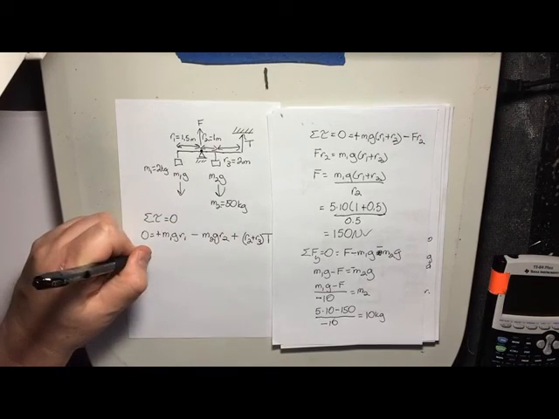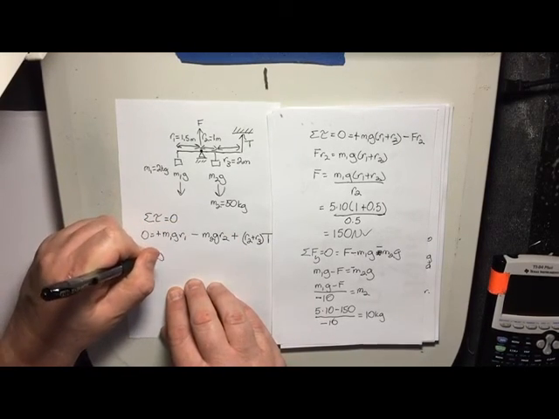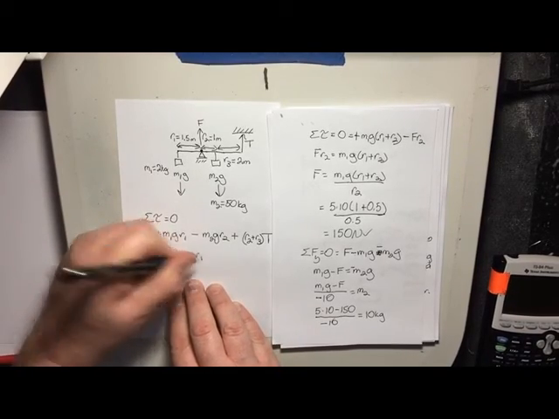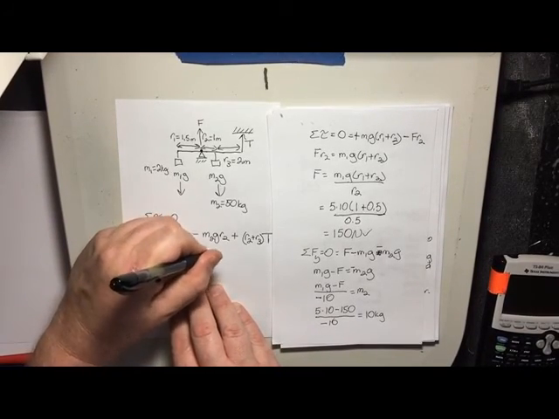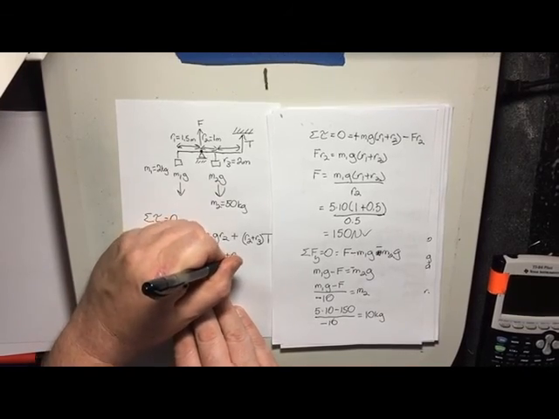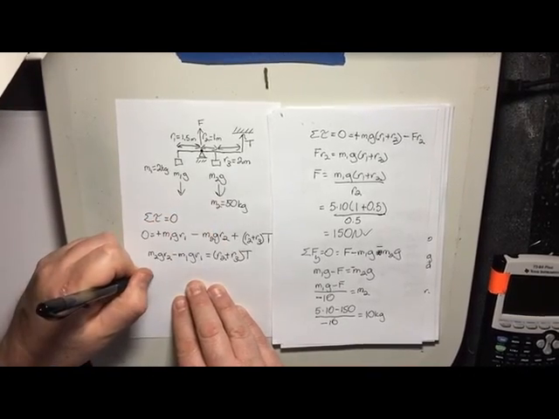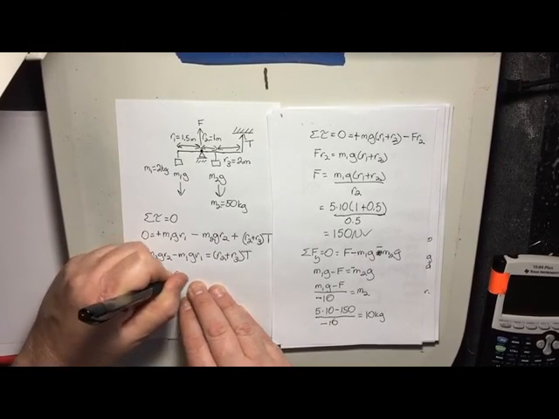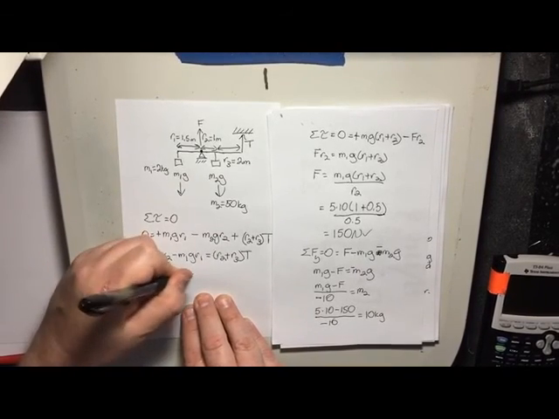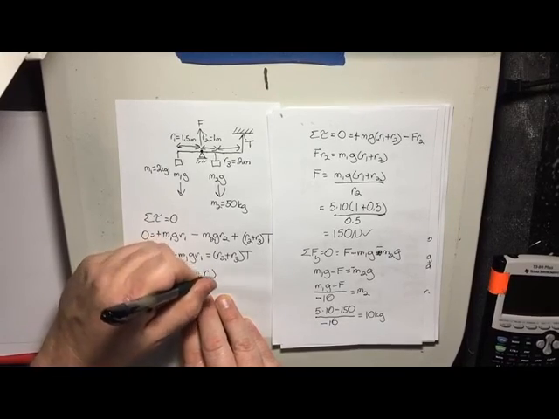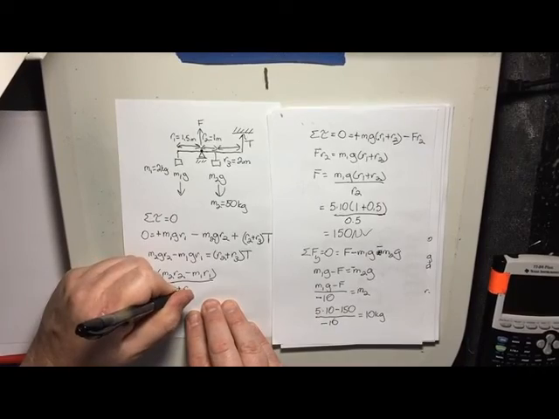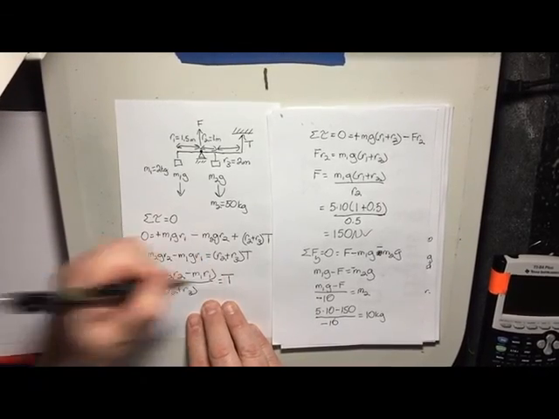We're looking for tension. M2GR2 minus M1GR1 equals (R2 plus R3) times tension. So G times (M2R2 minus M1R1) divided by (R2 plus R3) is equal to tension.